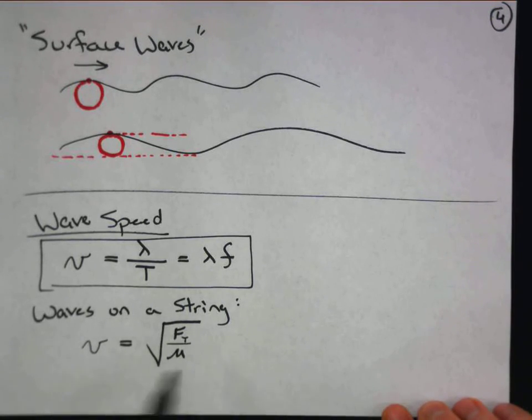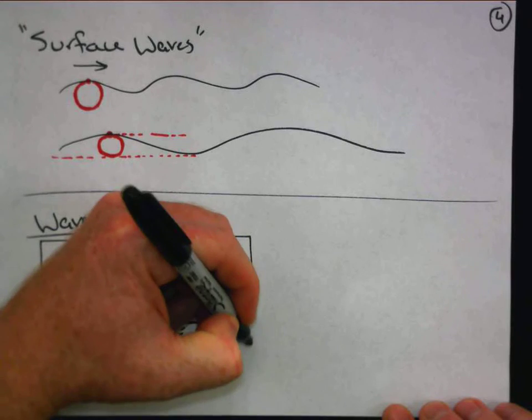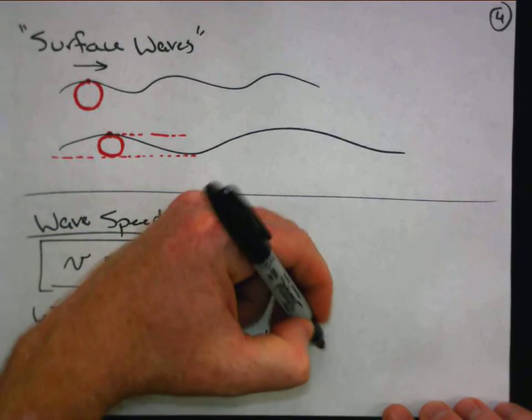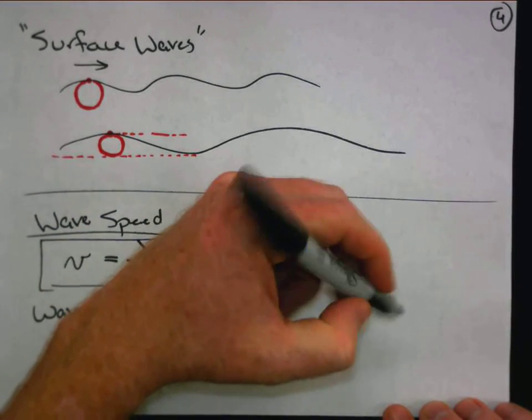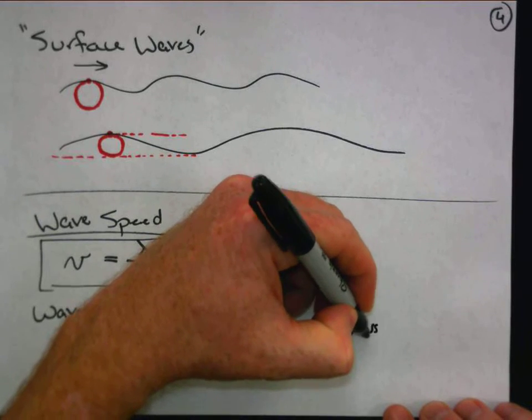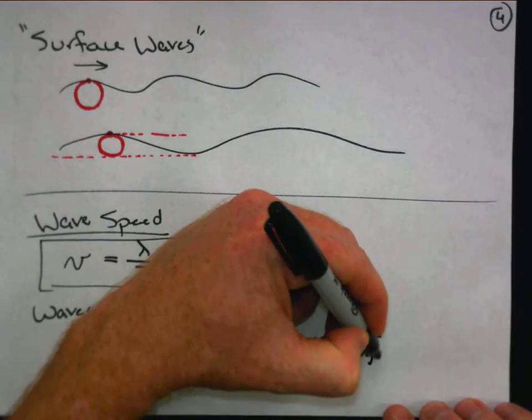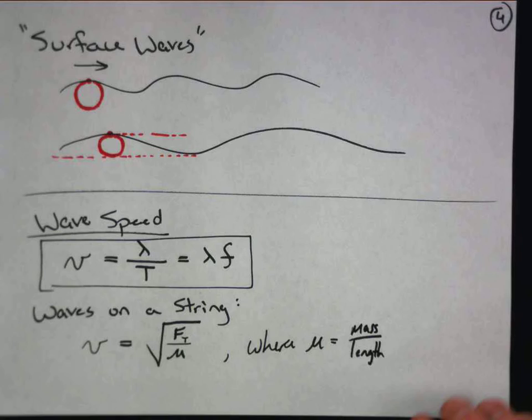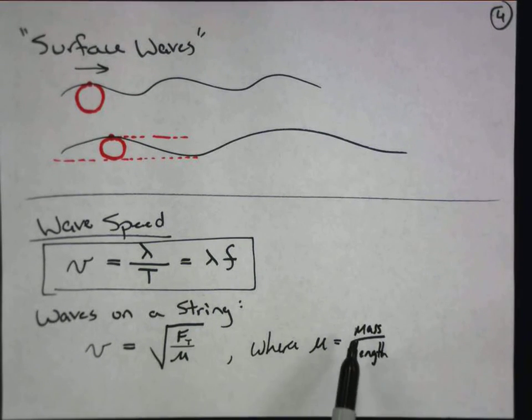It's just the symbol mu, and we say where that is equal to mass per unit length. So it doesn't matter how much total mass we have. What matters is sort of the density of that mass.